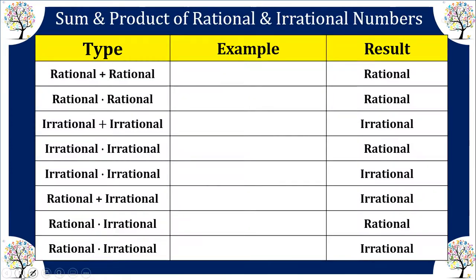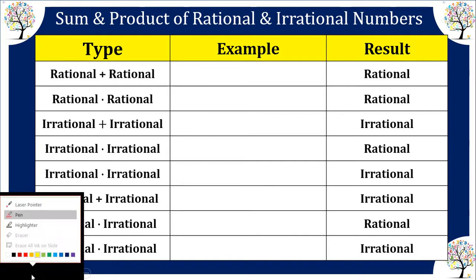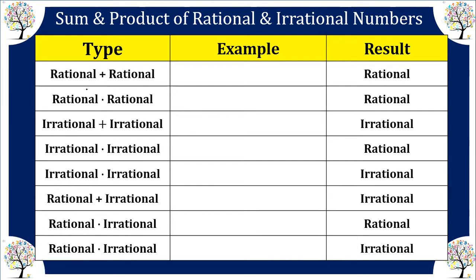Okay, the last thing we're going to go over is there are certain outcomes when you add or multiply rationals together, irrationals, or a combination. So let's give an example that when we add two rational numbers, we're going to get a rational. So that's easy. Just 5 plus 2 gives us 7.